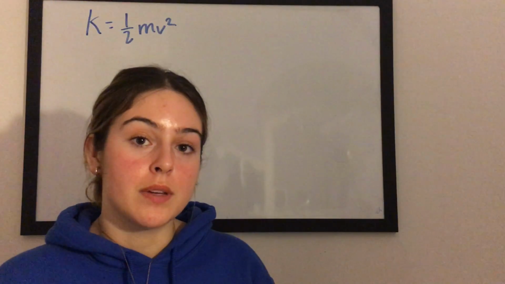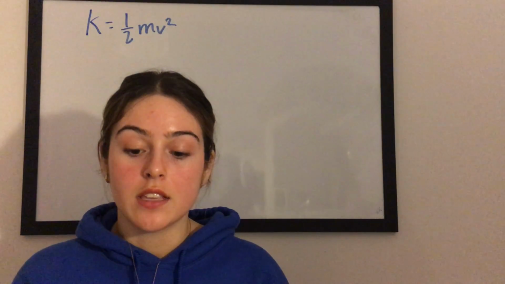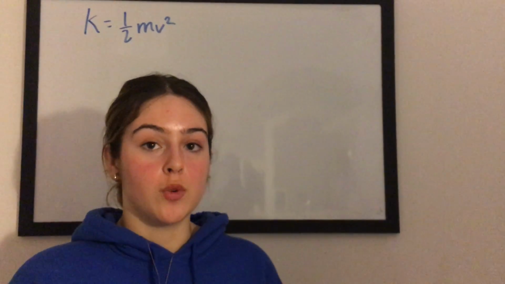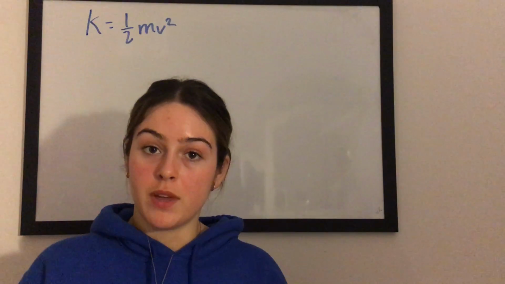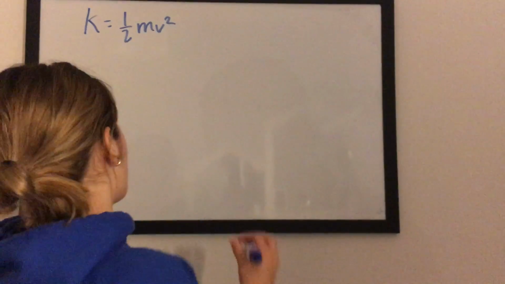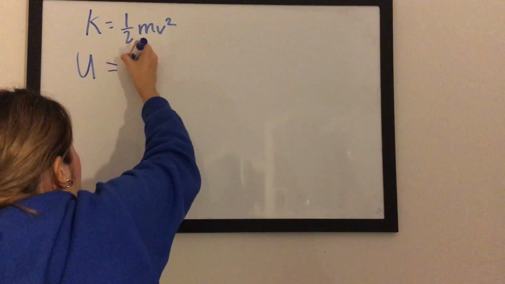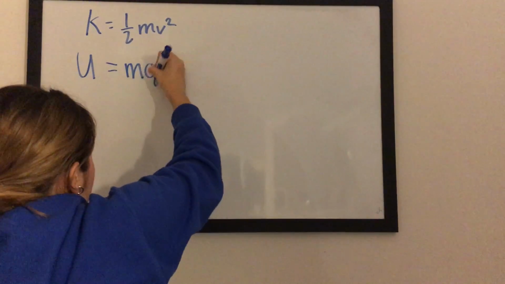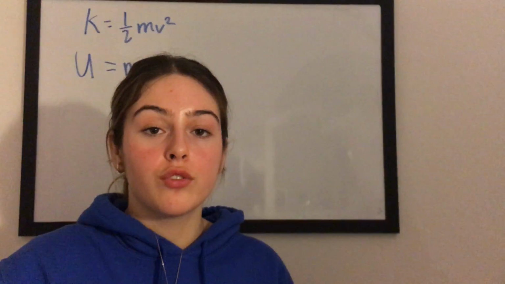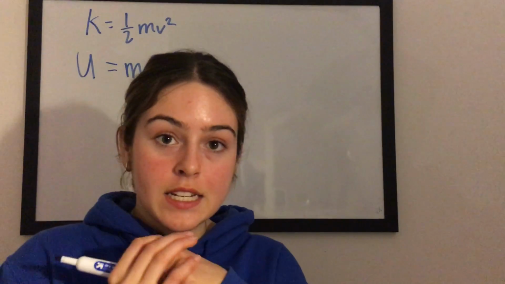Next, I'm going to talk about potential energy. Potential energy is the energy an object possesses in relation to its position or state of being. One common formula for potential energy is U, which represents potential energy, is equal to mgh, where m is mass, g is gravitational force, and h is height.